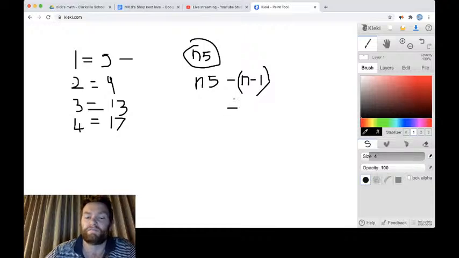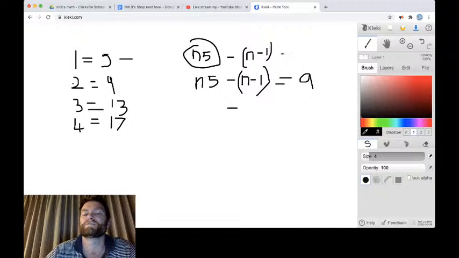So that gives you 10 minus 1, which is 9. And it also works for this one because 5n, 5 times 1 is 5, minus the number 1, minus 1, which is 0. So 5 minus 0 is still 5. And then it continues to work.